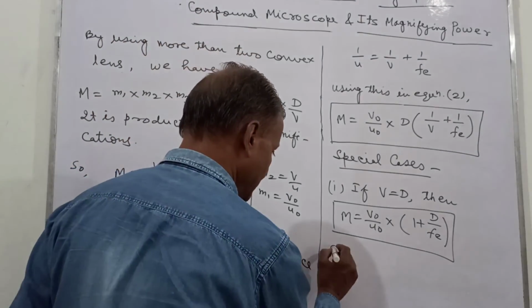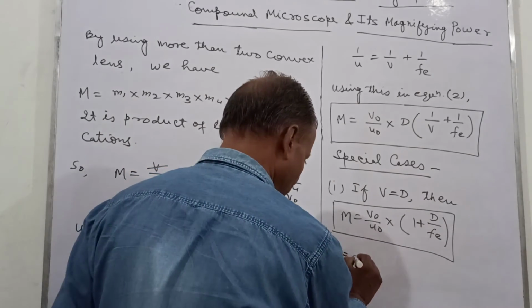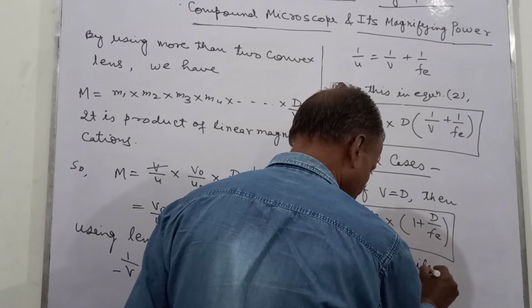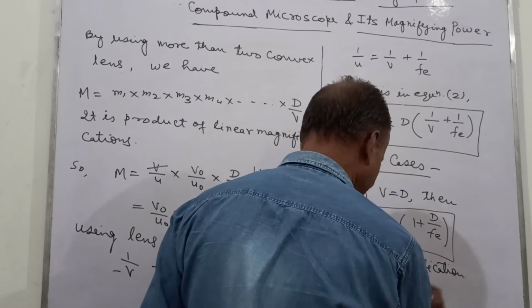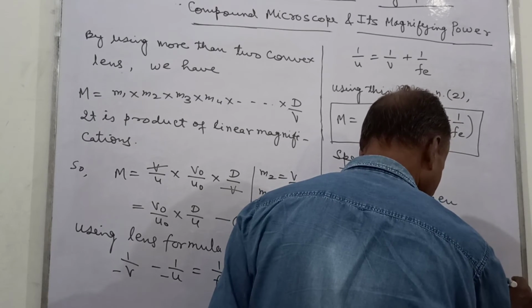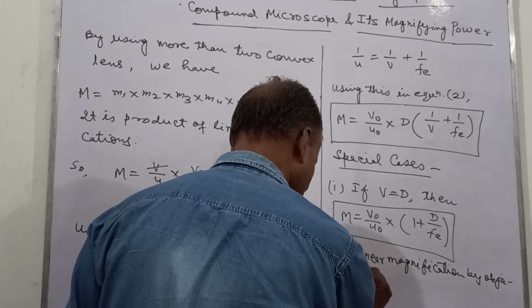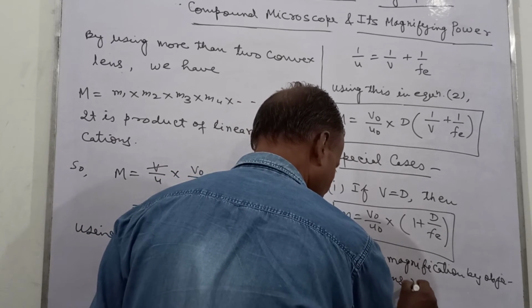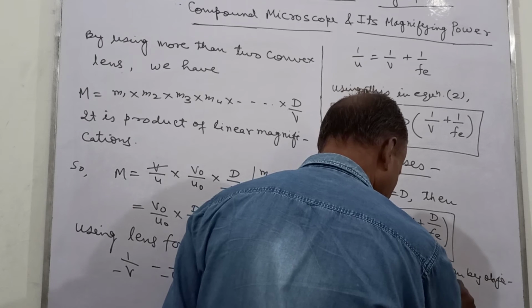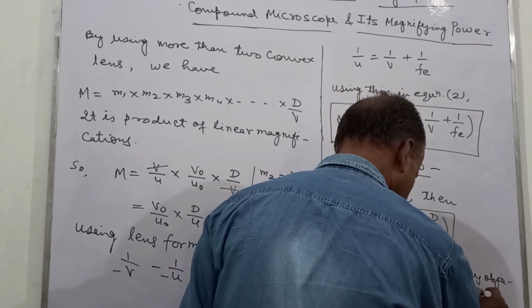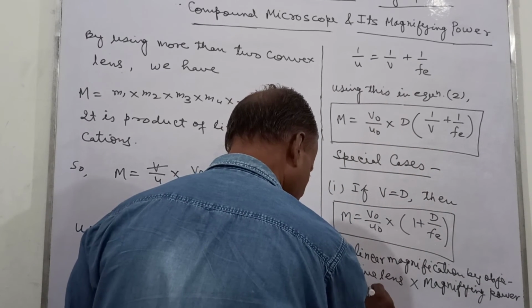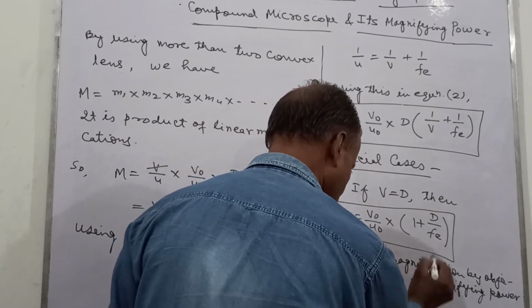So we can write M equal to linear magnification by the objective lens into magnifying power of the eyepiece.